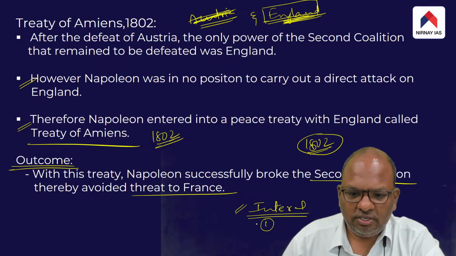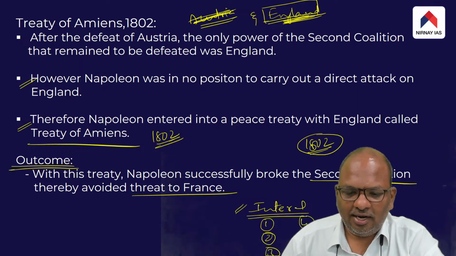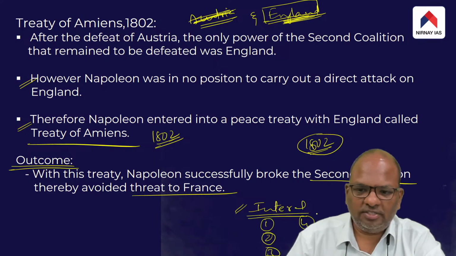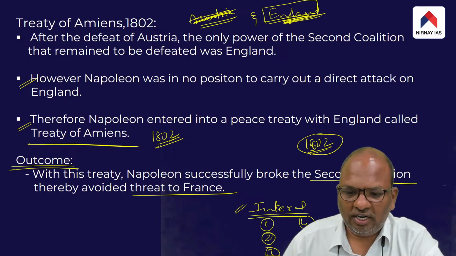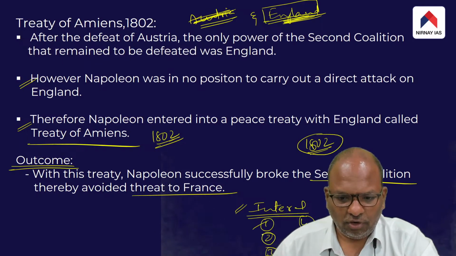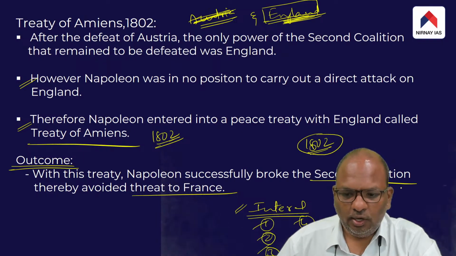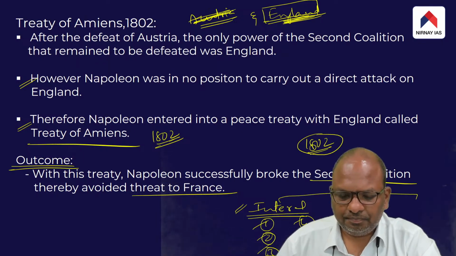He carried out administrative reforms, economic reforms, educational reforms, religious reforms, and importantly, he also carried out judicial reforms as well. So in all the internal reforms, Napoleon was very, very successful.